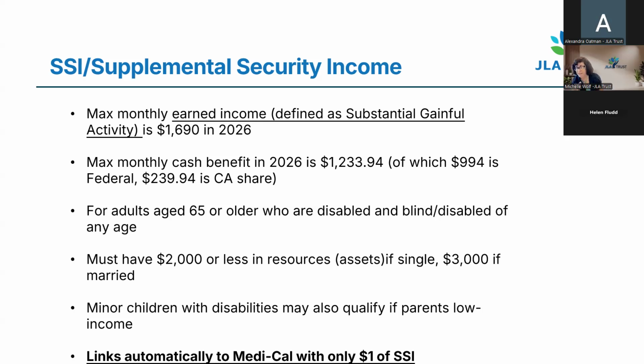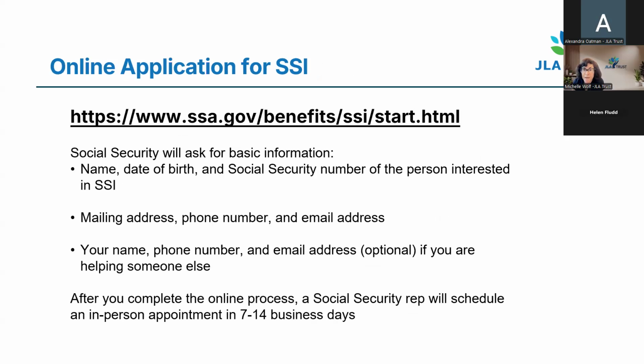I know it's a long process, but it can really be worthwhile, both for that monthly cash grant and then getting that very best type of Medicaid. And here is the URL to apply for SSI. A parent could apply, or a legal representative on behalf of the person with disabilities.